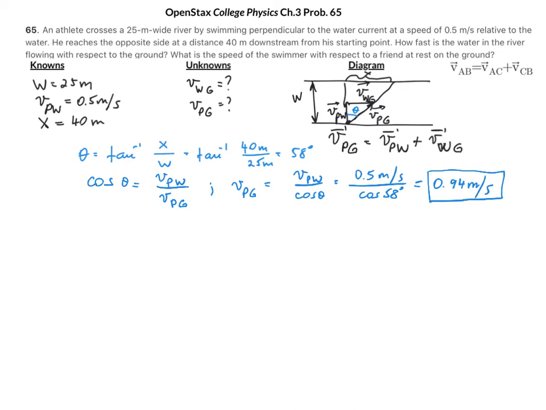Now, if I use tangent theta, it is velocity of the water relative to the ground divided by velocity of the person relative to the water.